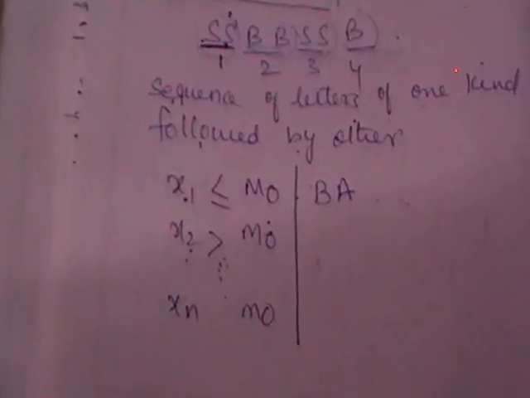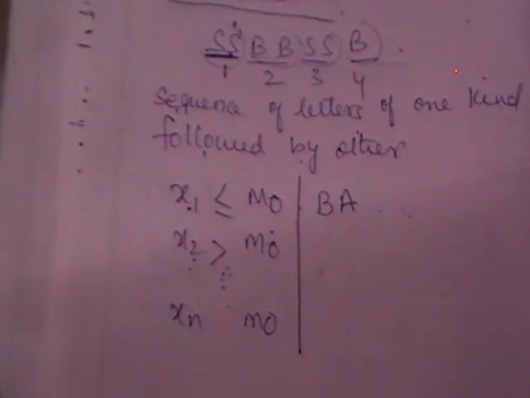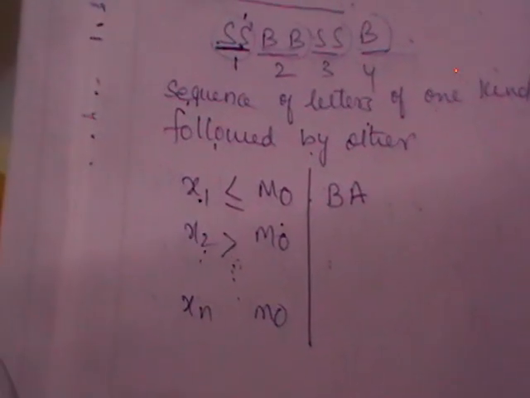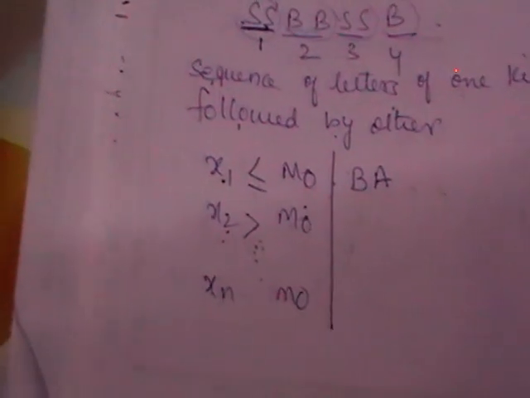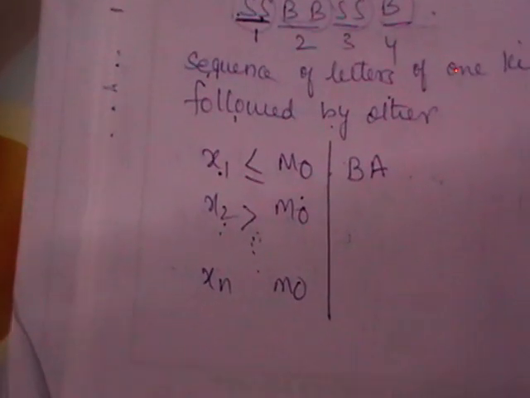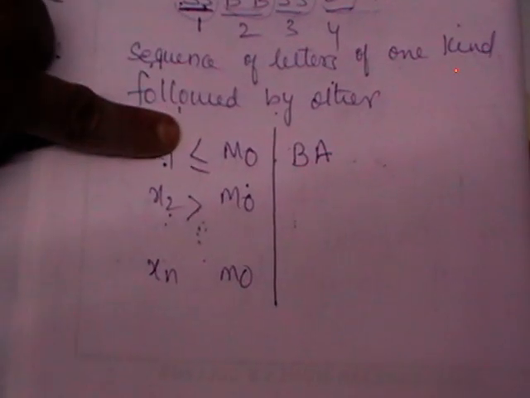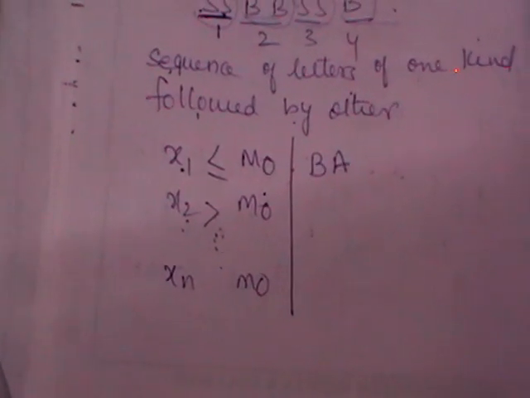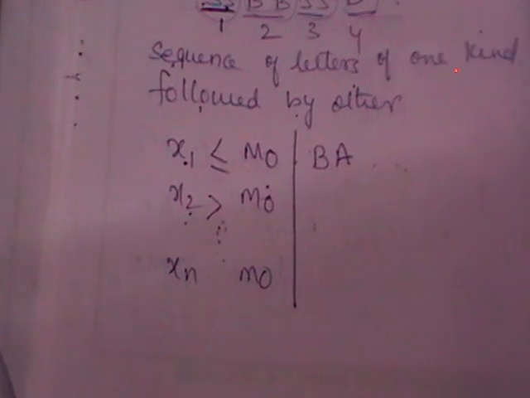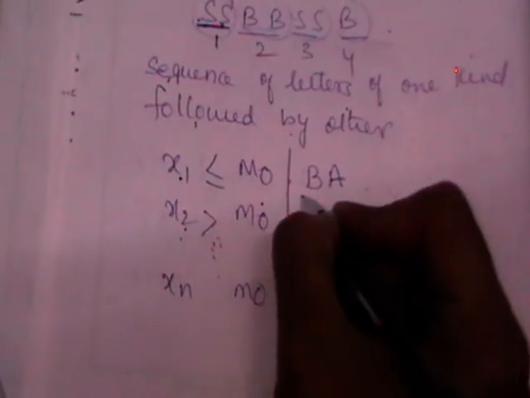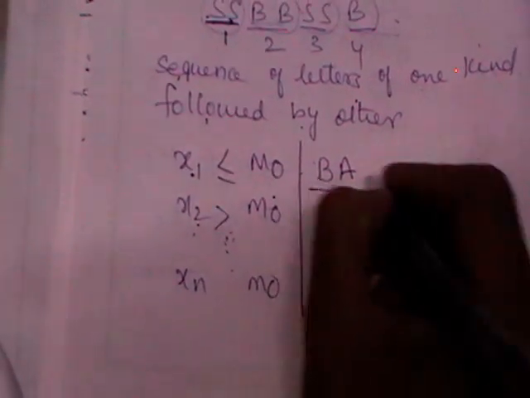To obtain a sequence of letters under the run test, you compare each observation in the sample with the median. Whenever we compare, we get either less than, greater than, or equal to. I am merging less than or equal to as one case and greater than as one case. After comparing each observation with the median, you will get a sequence of A's and B's like this.